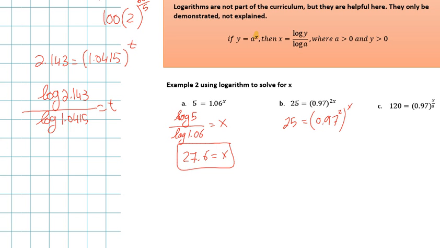But I'd rather you do it this way, so you don't use your calculator improperly. So what do you get when you have 0.97 to the power of 2? 0.9409, to the power of x. And then now do the log.